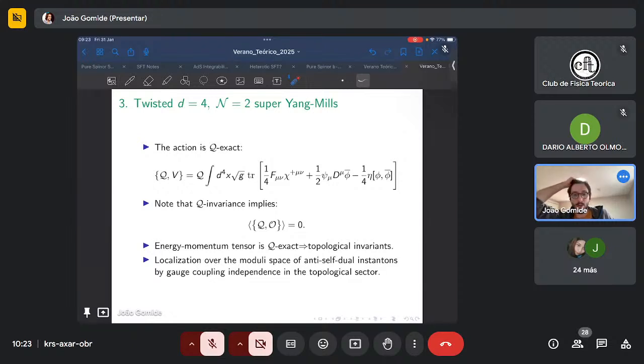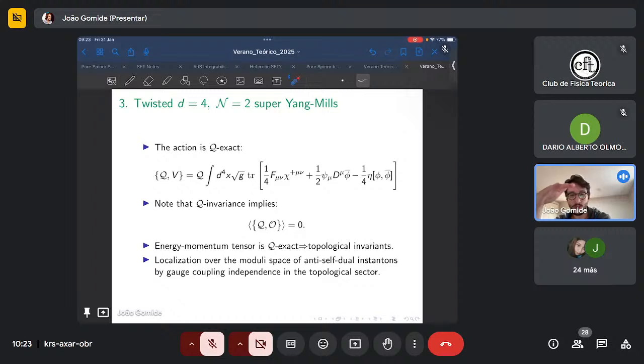And for me, the main point for physics in this model that I showed is that because you have localization, this is what allows you to compute these instanton contributions in a reasonable way. Usually a quantum field theory is complicated, and you only have access to the perturbative regime. Getting non-perturbative knowledge about the theory is difficult, as I said in the context of Seiberg-Witten theory.